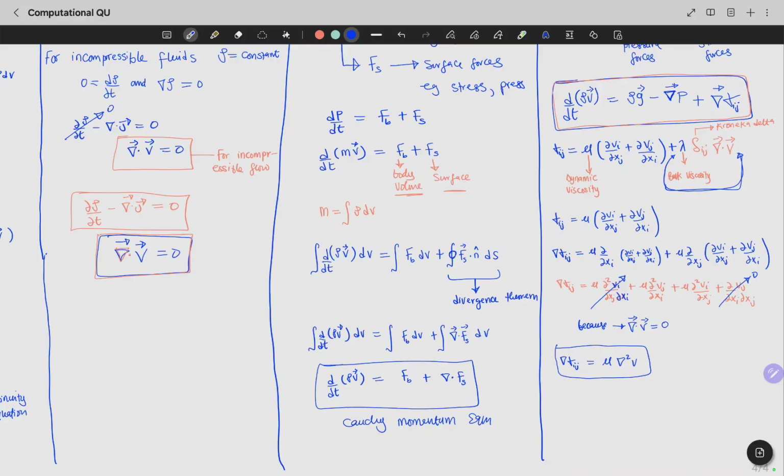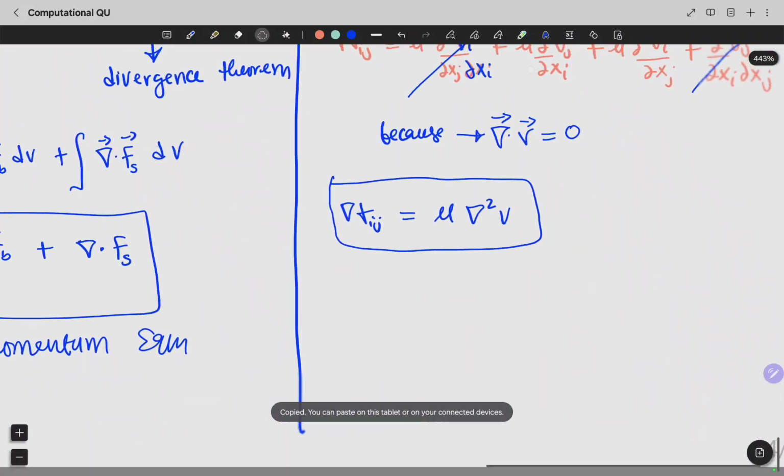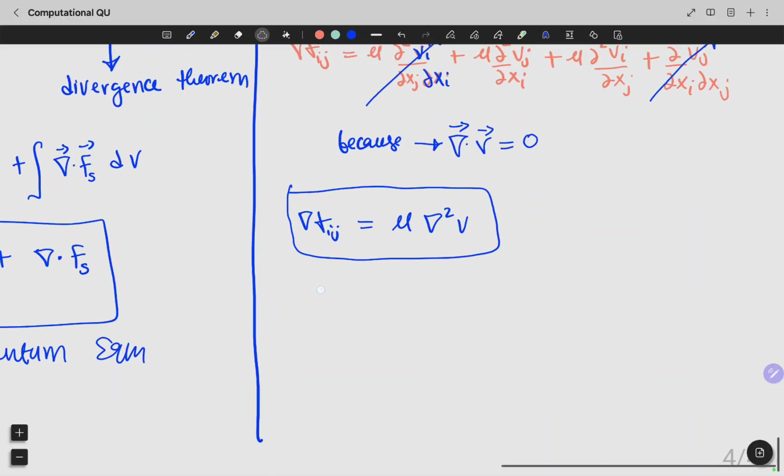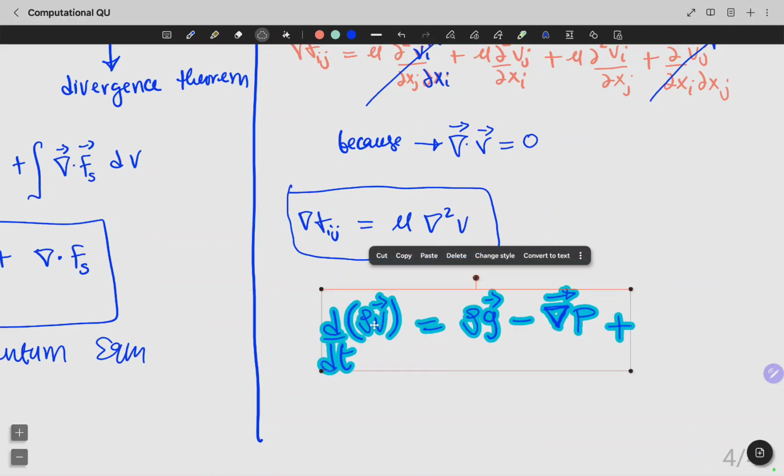For the compressible, so you can now say that for a compressible fluid, let's take this guy, or we can take only this guy. Let's take the plus, and then we put it here, and therefore now you can say paste.